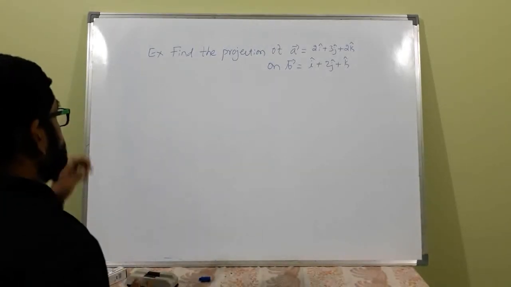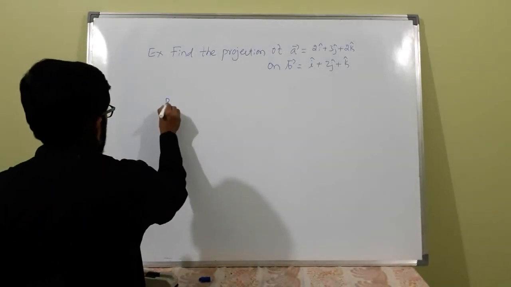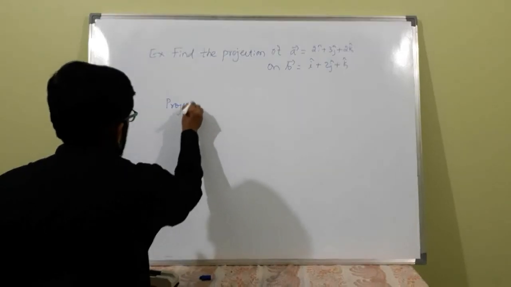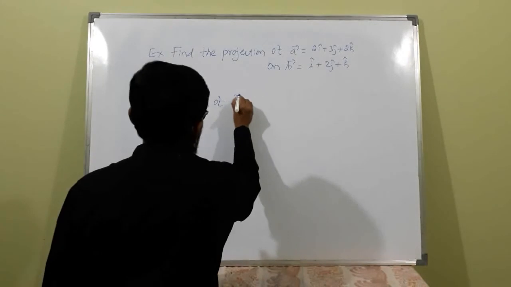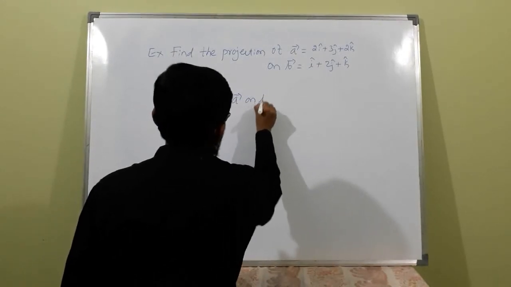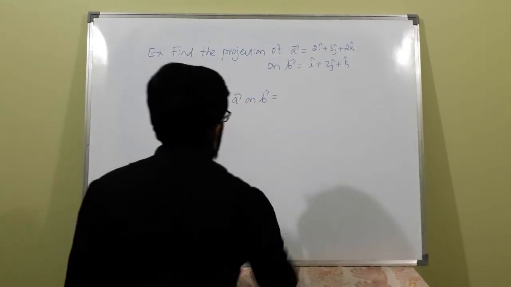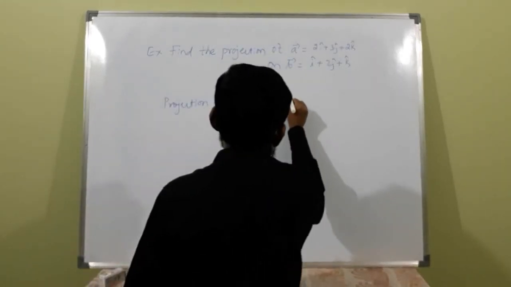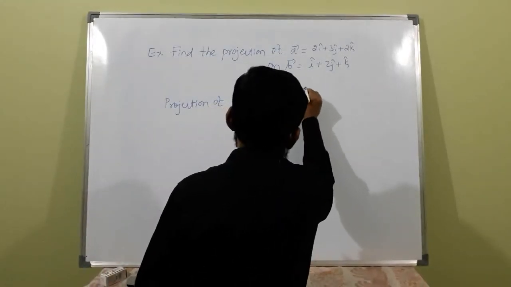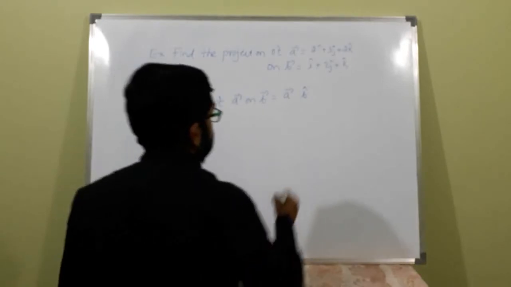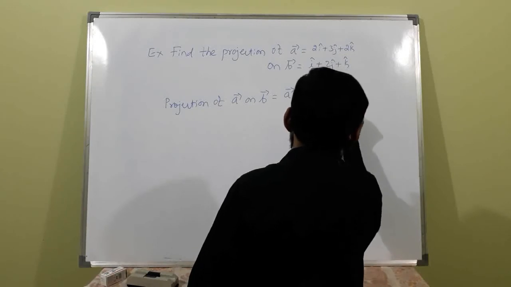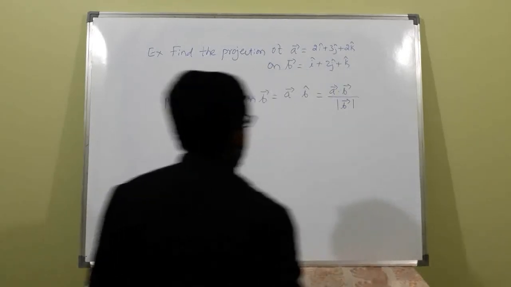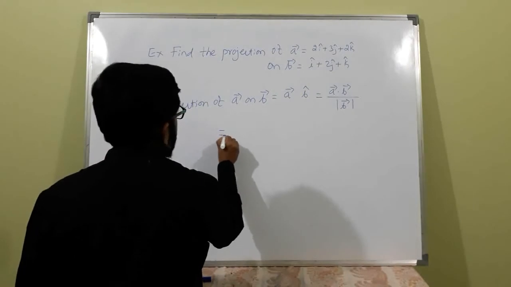Projection of A on B is A dot B divided by magnitude of B. What is A dot B?